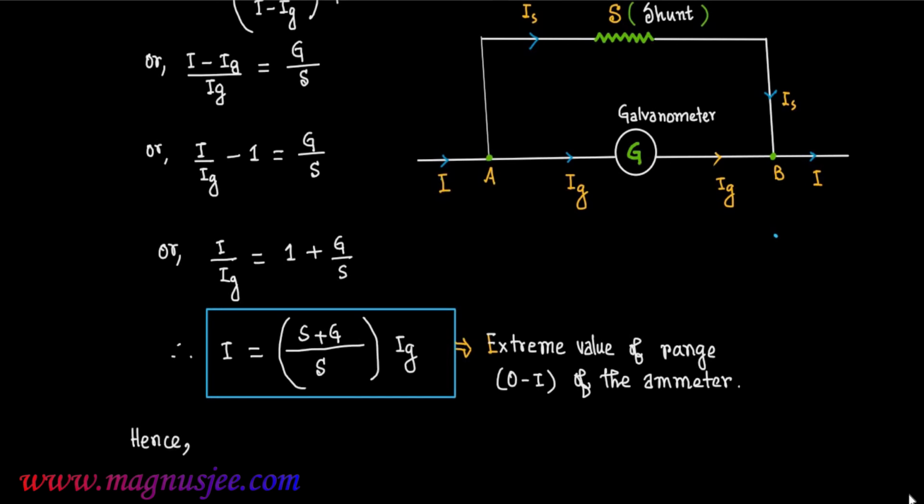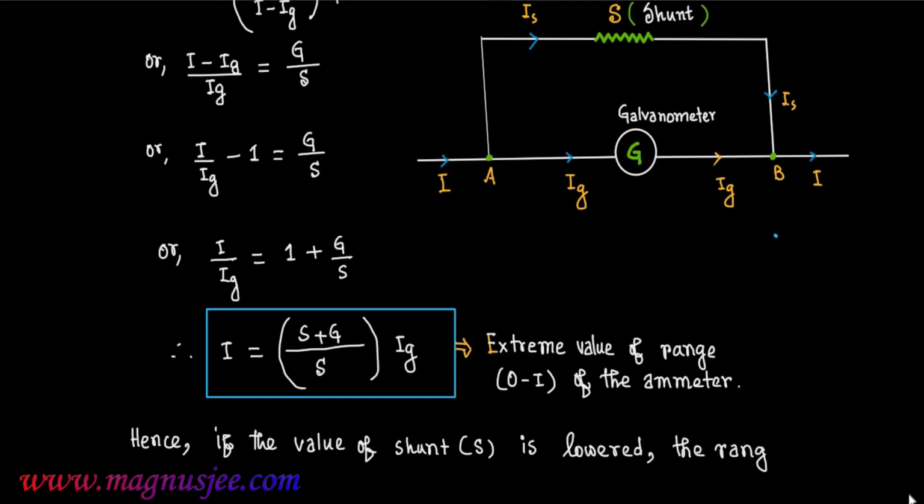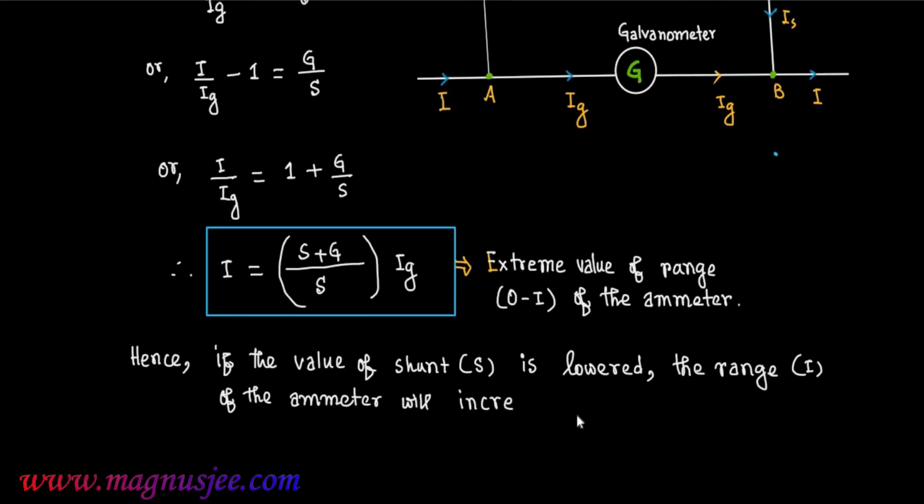Hence, if the value of shunt S is lowered, the range of the ammeter, the range I of the ammeter, will increase.